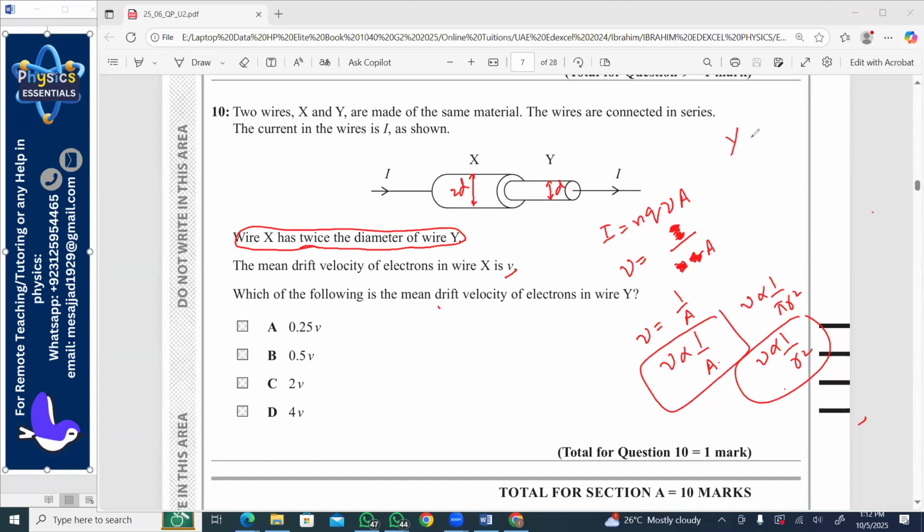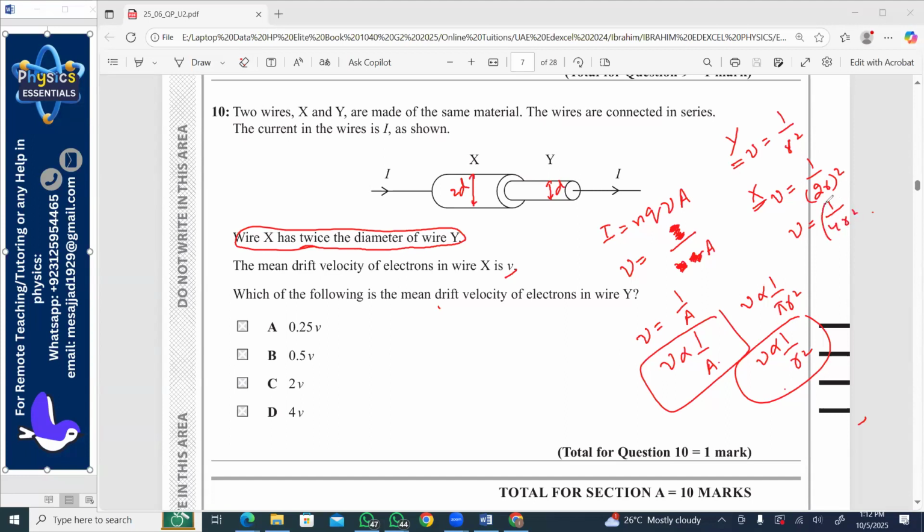So for y, I'm just going to write 1 over r squared, but for x, 1 over 2r squared, because when you have double diameter, you also have a double radius. So 4r squared.